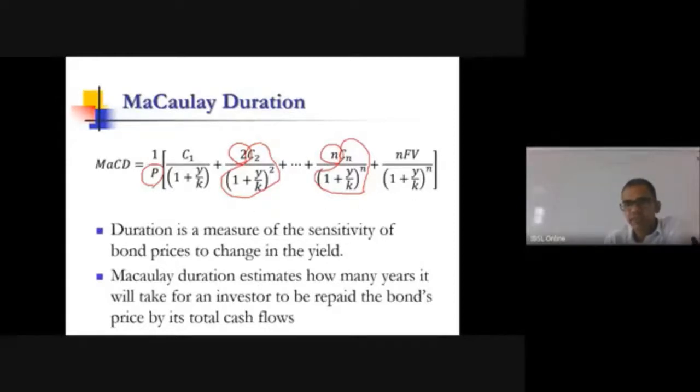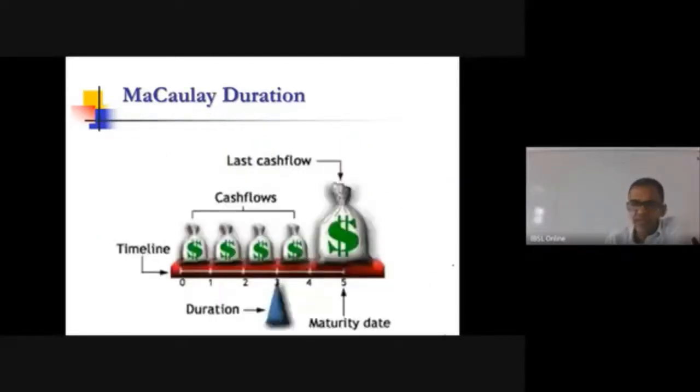Each timing is weighted by the present value of that cash flow. The other way that we can look at Macaulay duration is as the balancing point. It may not be exactly a full figure. It may be 3 point something or 2 point something. That can happen depending on the maturity period and the cash flows of the bond.